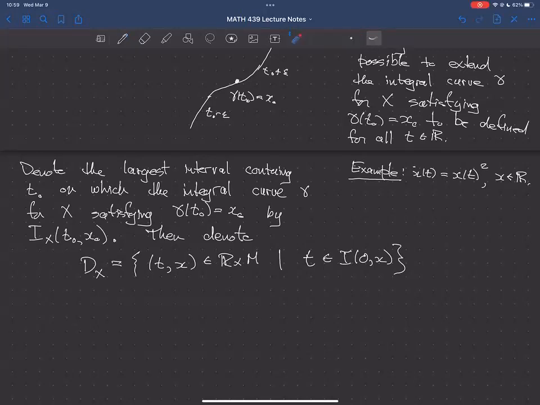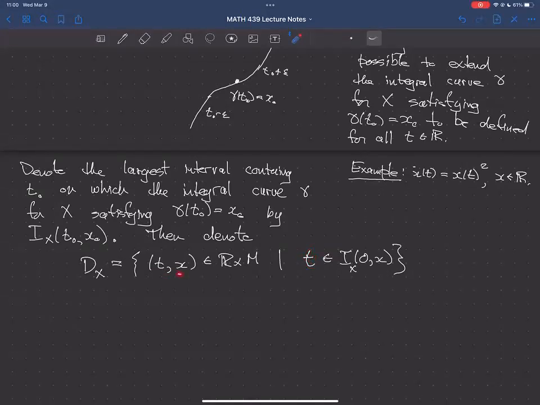So what does this mean? I'm going to take all times and all x's such that if I start my integral curve at x at time 0, I can extend that integral curve up until time t.